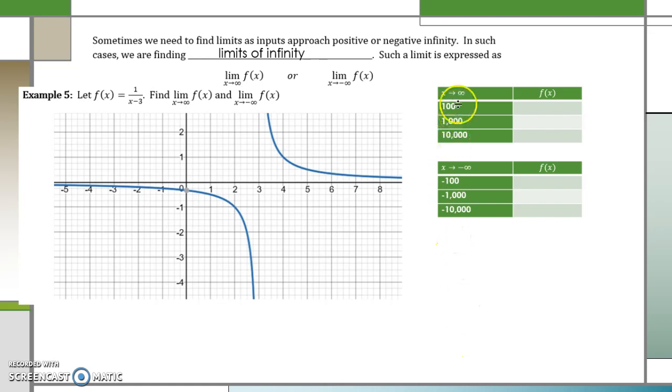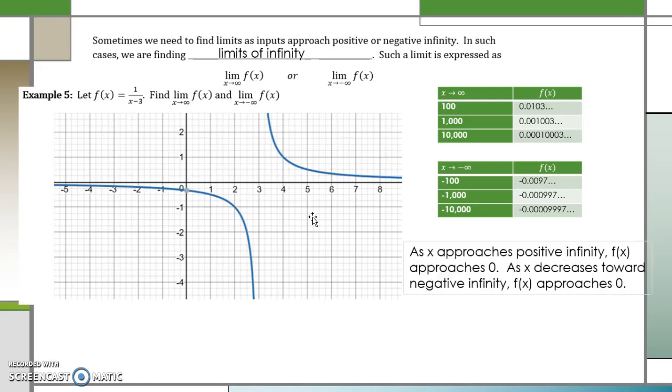So I'm going to choose values of x that are going to infinity and plugging them in. When I do, we get some pretty tiny numbers. So it looks like we're approaching 0. Further, as x is approaching negative infinity, we can choose numbers and plug them in. We also see that it is approaching 0 as well.